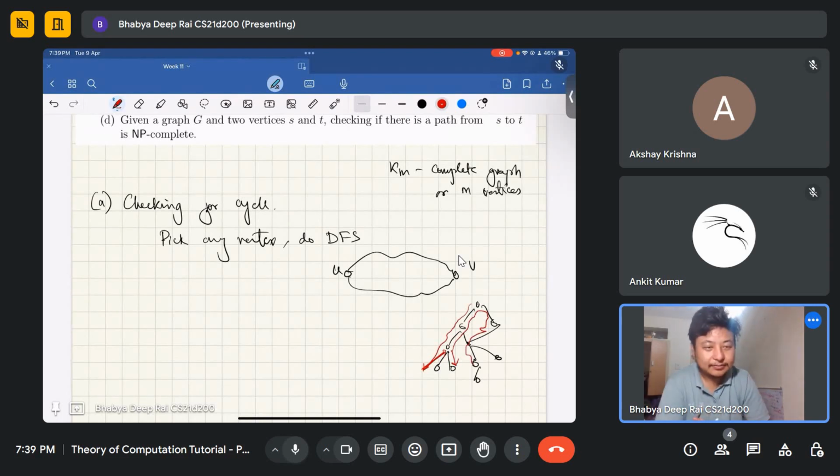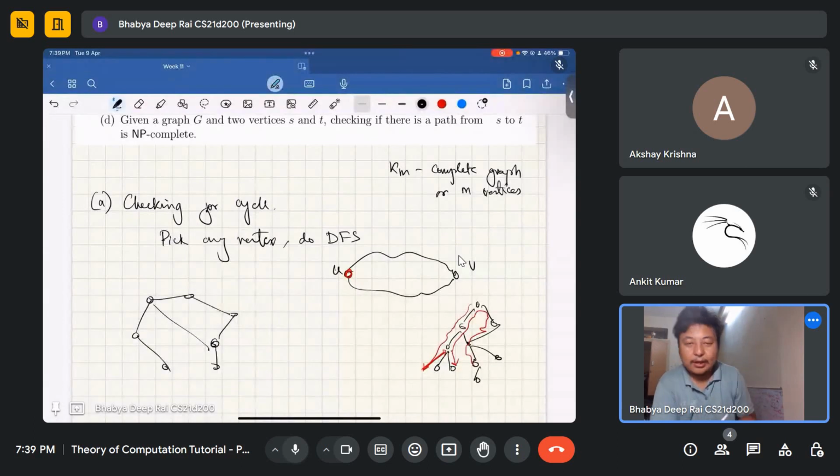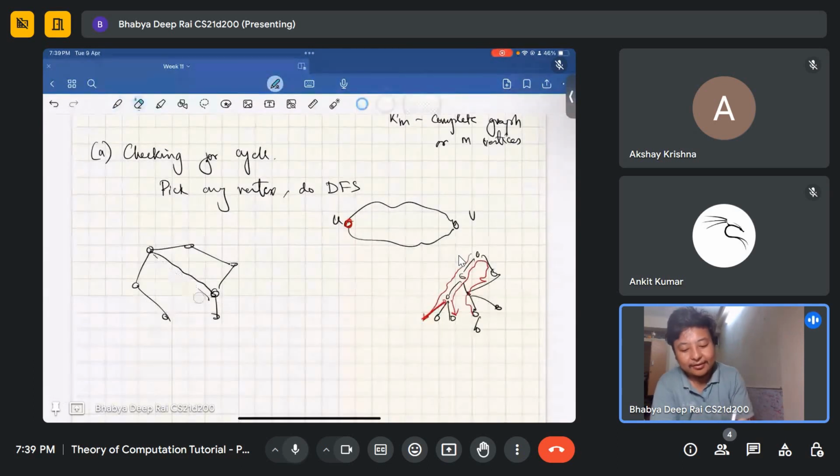The idea is, if I start at any vertex and then start doing DFS, I have this graph, and I want to check whether there is a cycle or not. Clearly, there is a cycle here, right? This is a cycle.